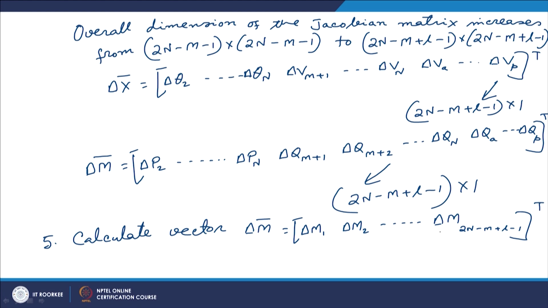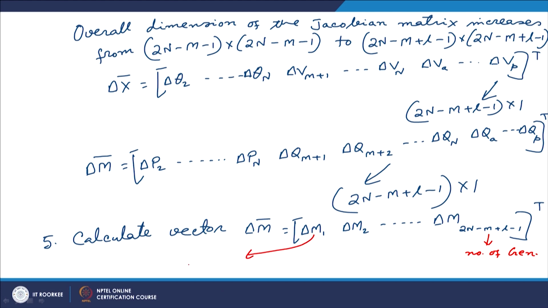Please note that this m and this m are not the same. This capital M denotes the mismatch vector, or rather an element of the mismatch vector, and this m in the subscript denotes the number of generators in the system.